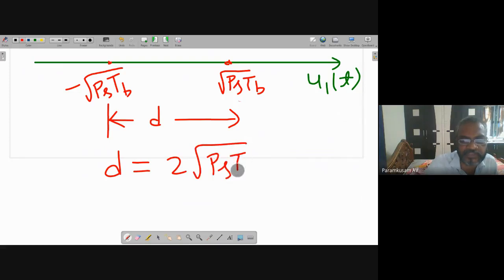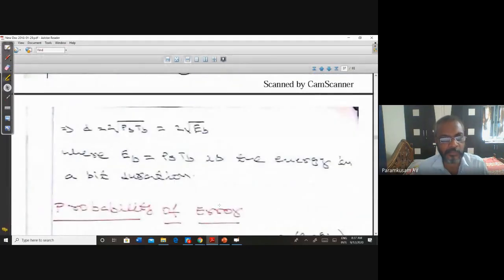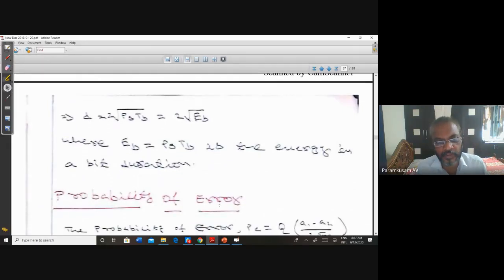You note down, d is equal to 2 into root over ps tb is equal to 2 into root over eb, where eb is equal to ps into tb is the energy in the bit duration.